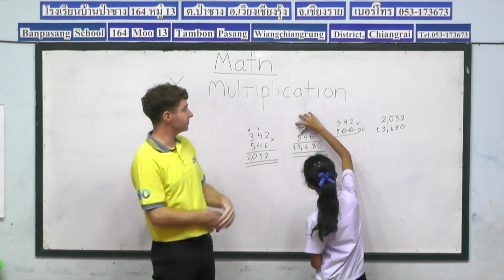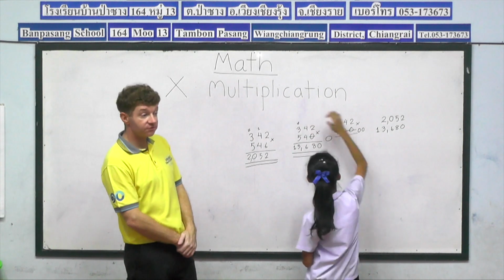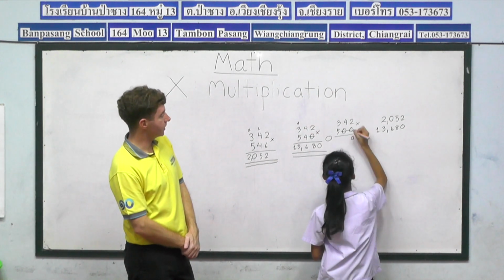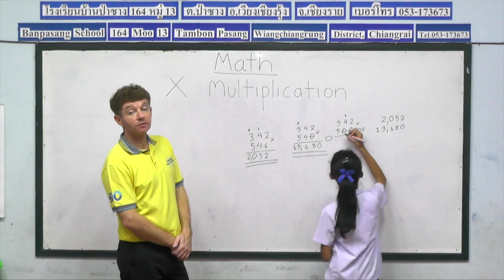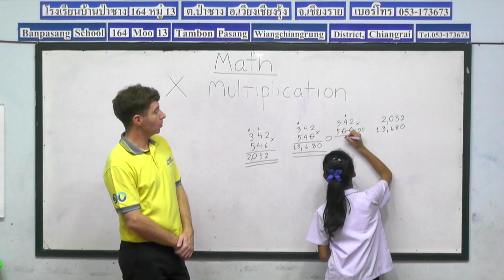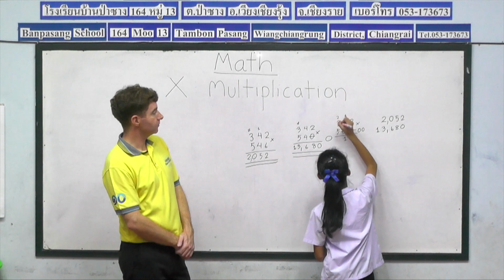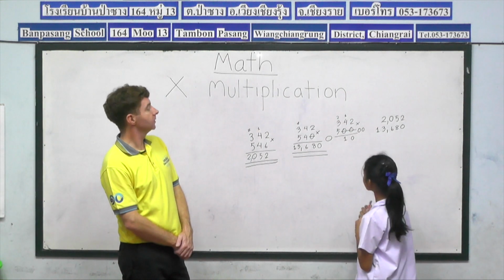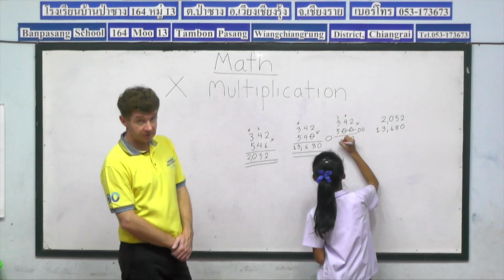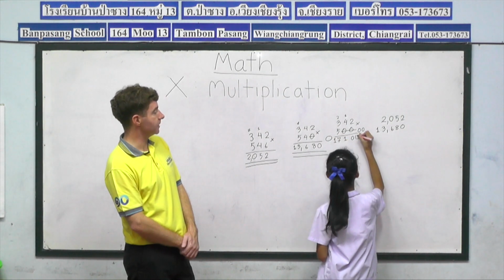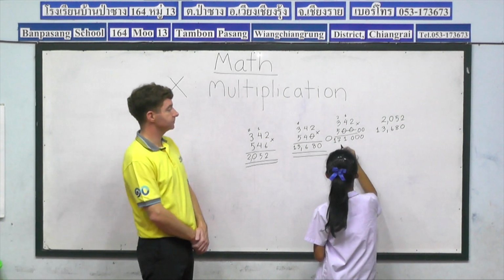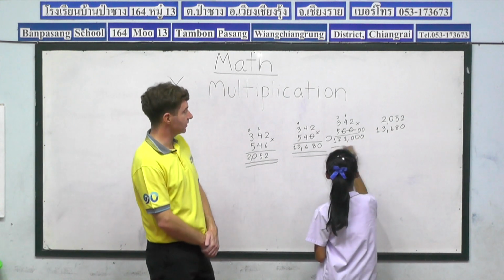Now, 5 times 2 equals 10. 0, carry 1. 5 times 4 plus 1, 21, so 1, carry 2. 5 times 3 equals 17. And then the 2 zeros we removed, put them back. And the comma, excellent, and well done.